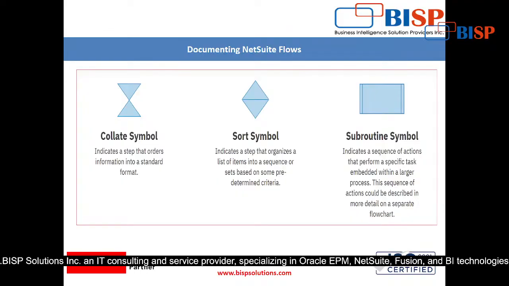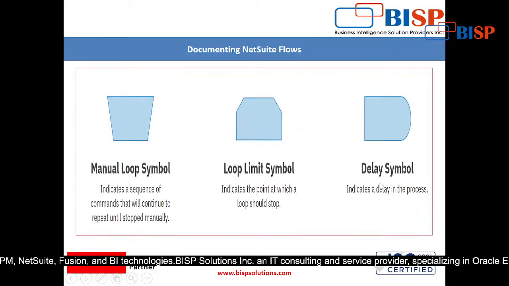So the collate symbol shows that select the item and then hand it over. So here this type of icons are used. Sort symbol indicates a step that organizes a list of items into sequence or sets based on some predetermined criteria. I will show you a good example in our upcoming sessions, right? So right now we will just see this.